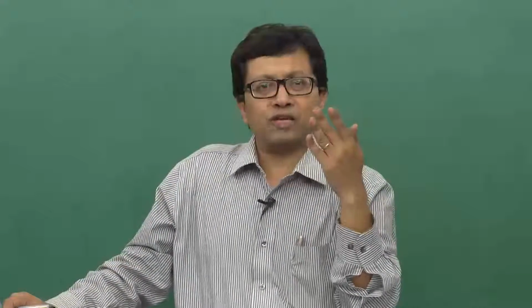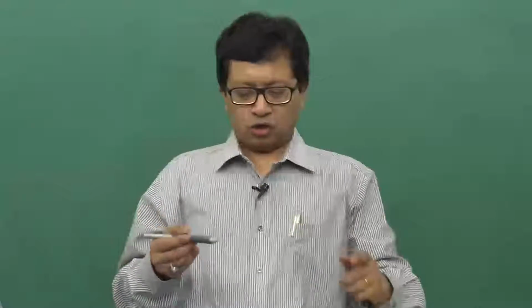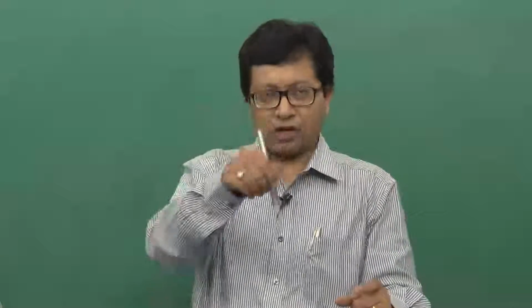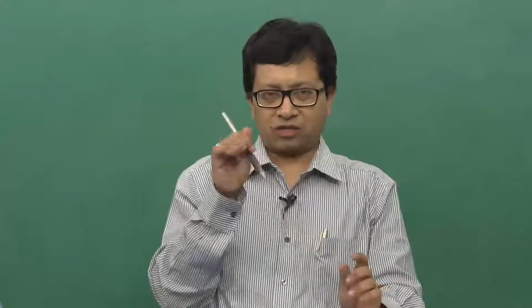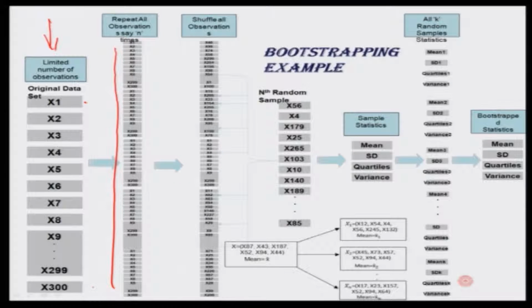So, what you do is jumble and shuffle the blocks totally. How would it look? Let us pay attention to the second and third columns. The second column has all those 300 observations repeated: the first block, the second block, the third block, and so on, in blocks.